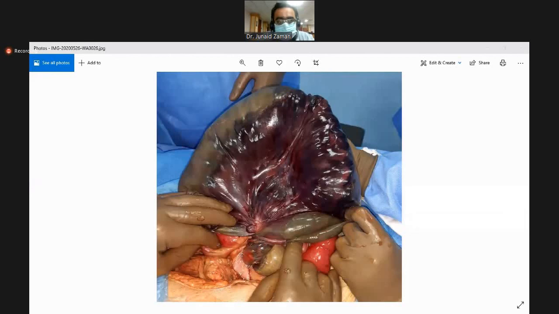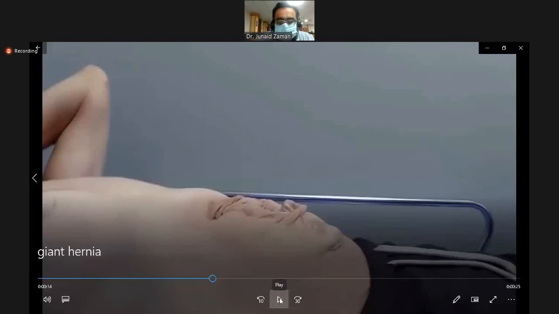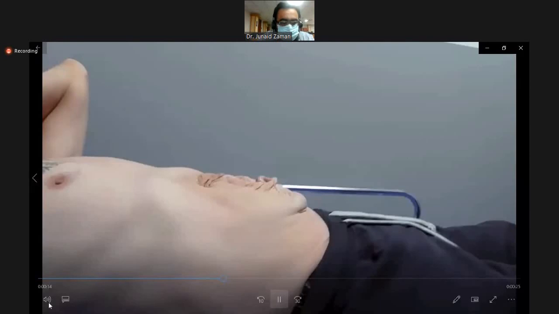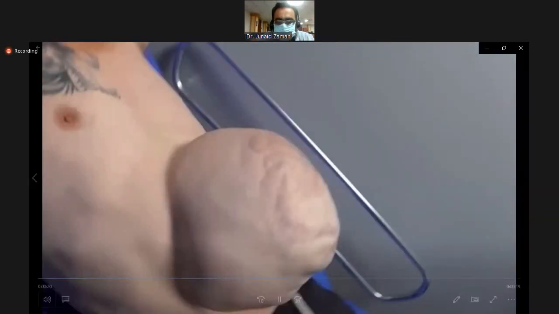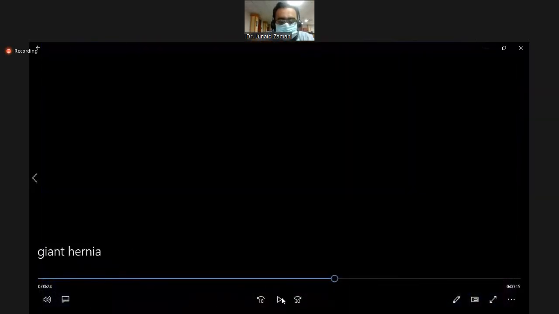I'm going to show you guys a patient who has come up to us. This is a patient with a very large hernia.